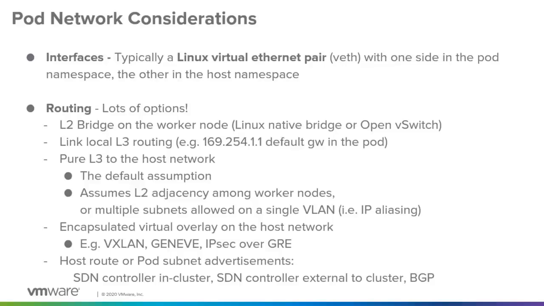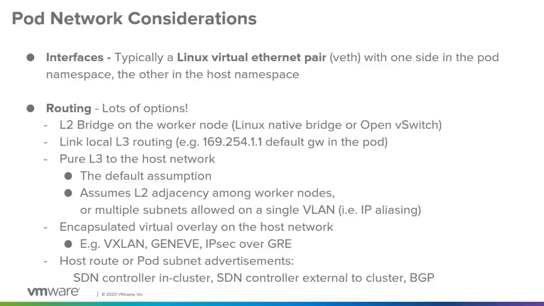And then finally, are my pods advertised? Am I using host routes or pod subnets? And really, it's not super common, but on public cloud, it is. Public cloud, as I mentioned, usually there's an SDN controller external to the cluster, which is your cloud. It's Google or it's Azure or it's AWS. And the cloud provider is going to plumb those routes with the worker nodes as the next hop directly in the cloud SDN.